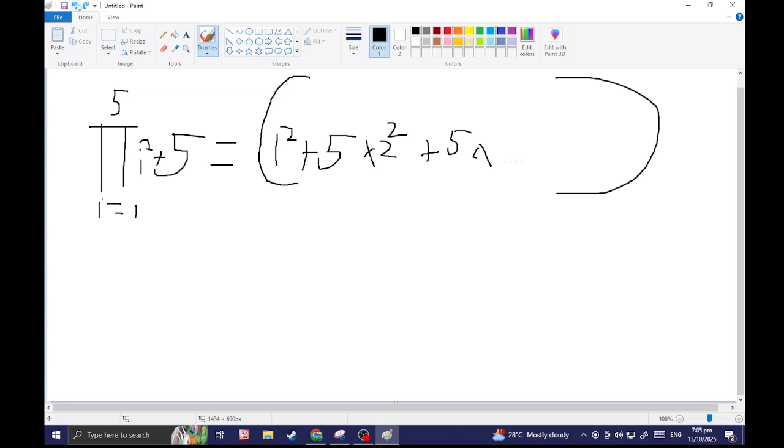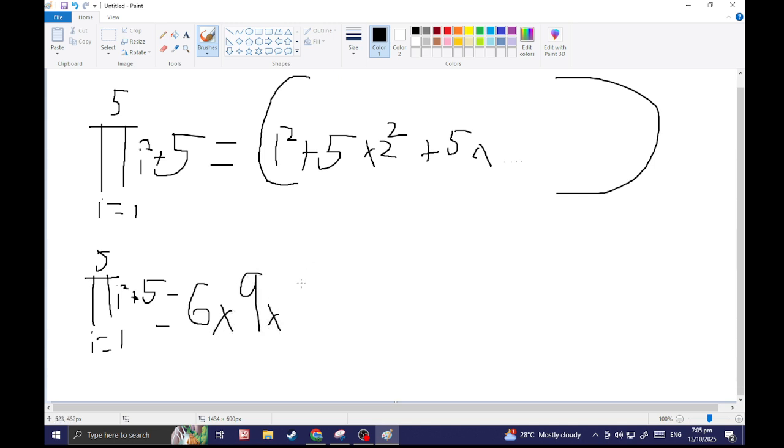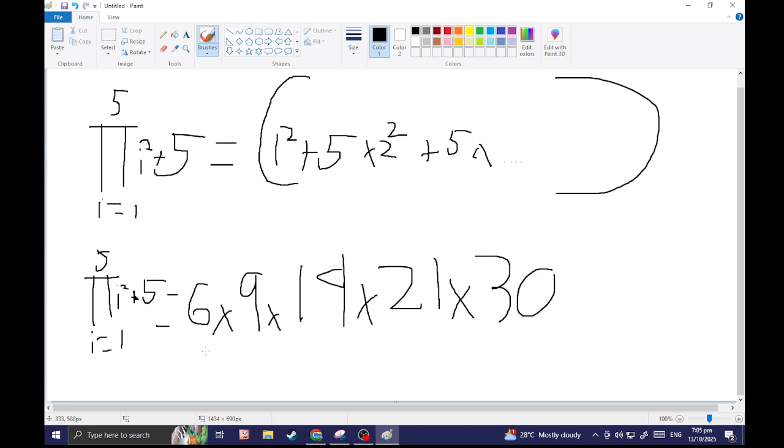So let's remove all of this, and pi is 1 to 5, i squared plus 5, and then you get 6 times 9 times 14 times 21 times 30. You get this number.